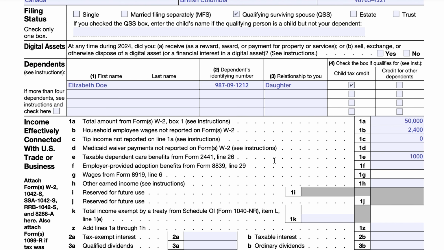It could be strike benefits. It could be excess elective deferrals. If you contributed too much to a retirement plan, then that might get kicked back to you. Certain disability pensions on IRS Form 1099-R if you haven't reached the minimum retirement age, and then corrective distributions from a retirement plan. So excess deferrals. If you contributed too much money and the plan kicks them out, then that would be reported here on line 1H. So let's just say that there's $1,000 there.